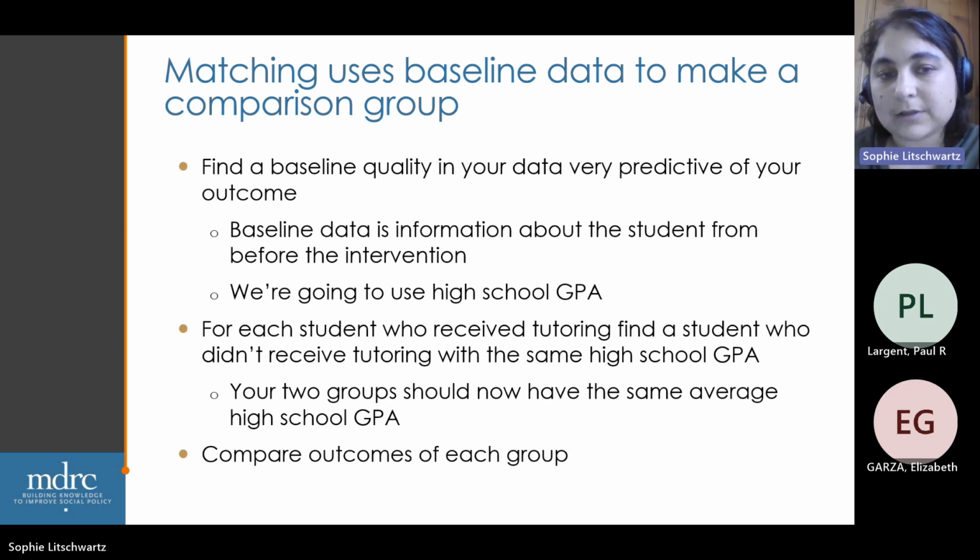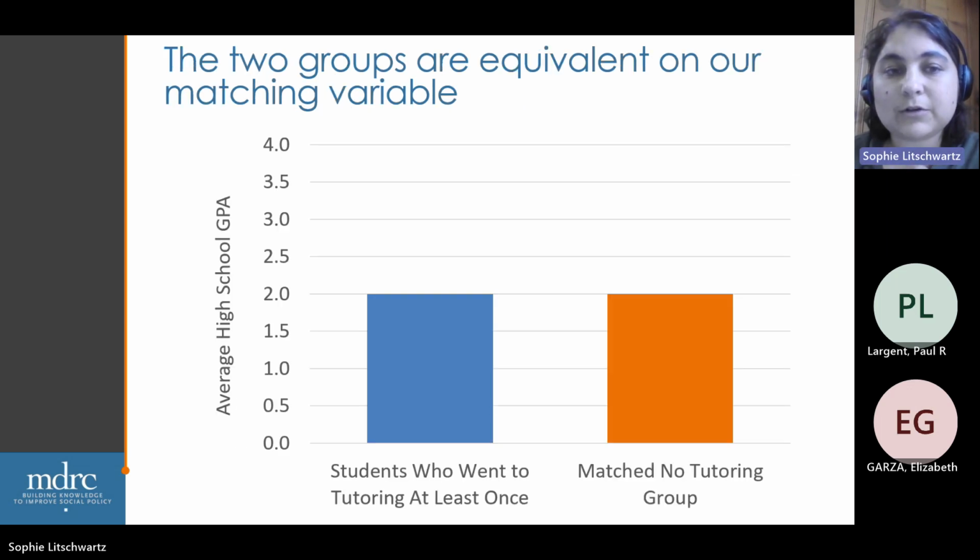Here I want to use high school GPA because it's predictive of the outcome. For each student who received tutoring, I'm going to find a student who didn't receive tutoring with the same high school GPA. So now I'm going to have two groups which had the same average high school GPA because I constructed one of them. And now I'm going to compare the outcomes of each group.